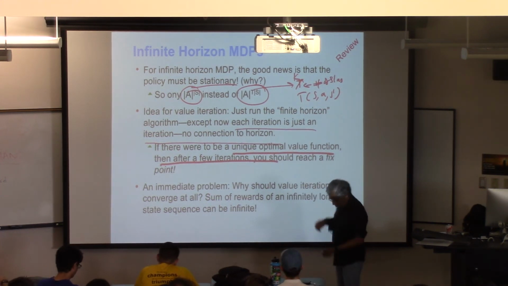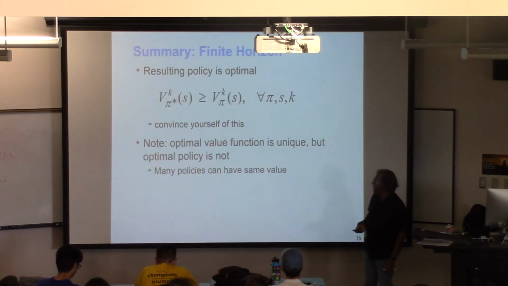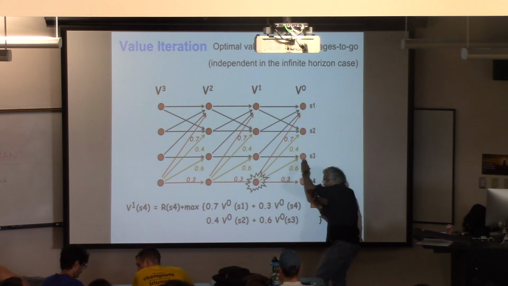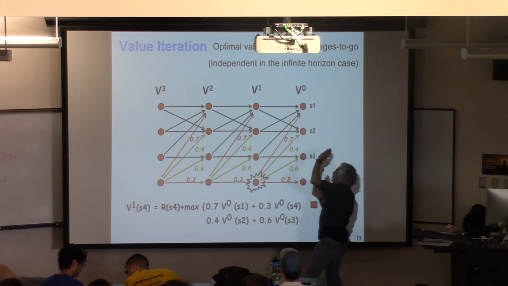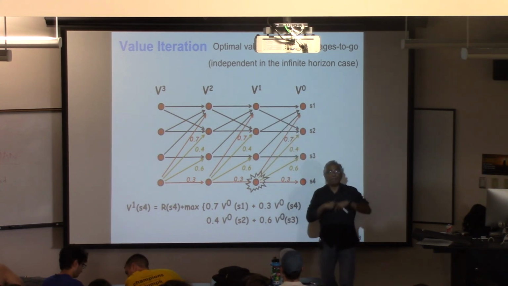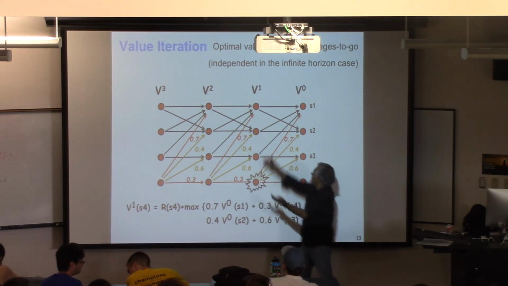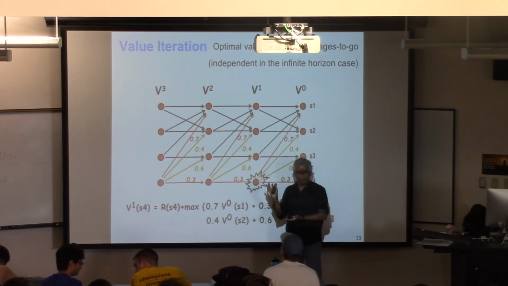And in fact, what is happening in each of these stages is you're taking this entire value vector, you call this operation a Bellman operation, and you get a new value vector.